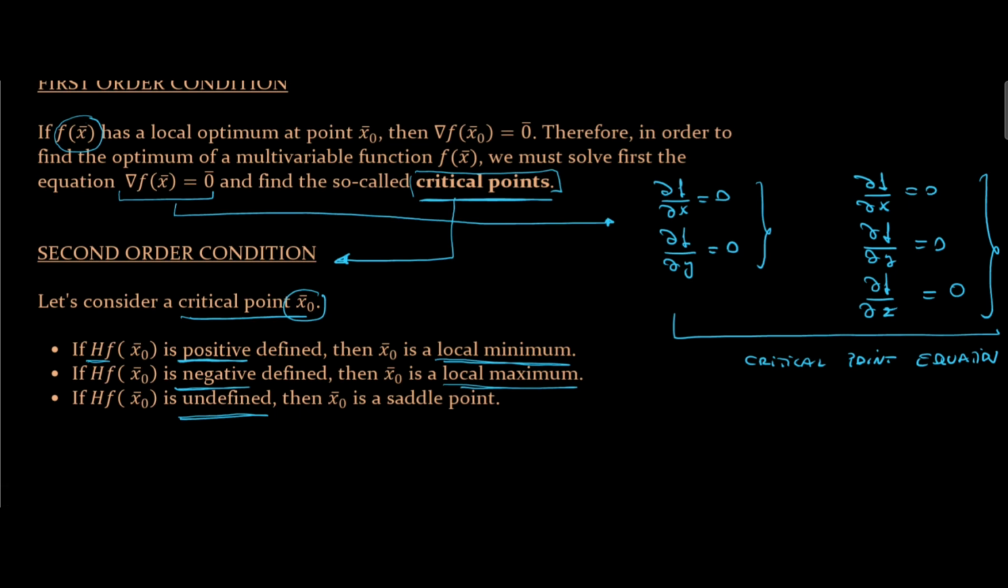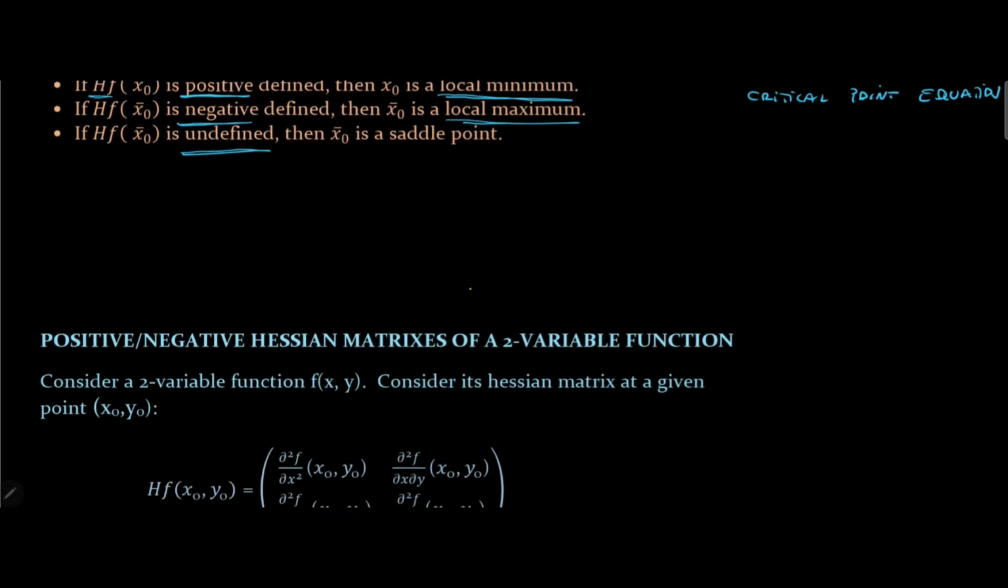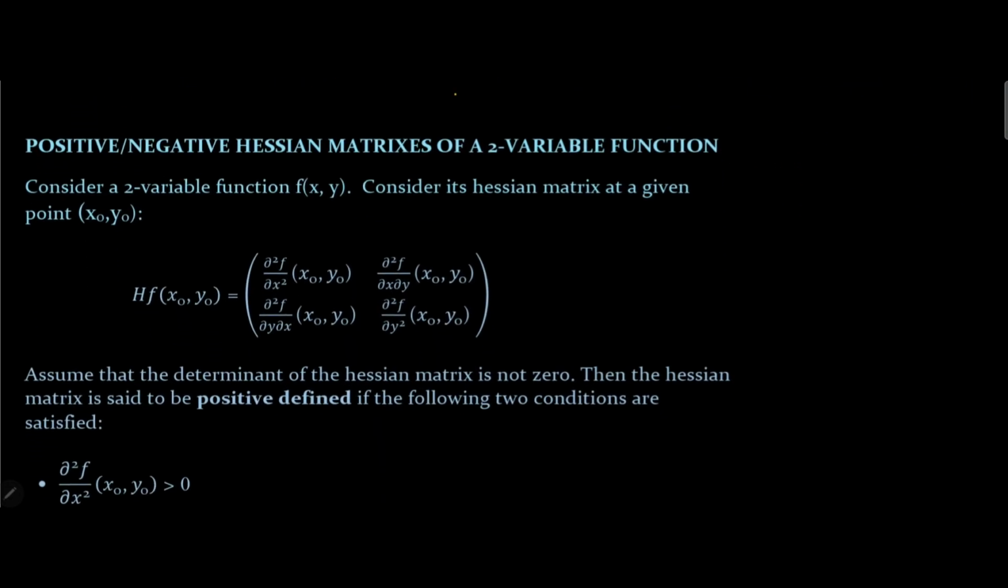So, but what does this positive or negative Hessian matrix mean? We have the following definition. When is a Hessian matrix either positive or negative? So we can classify our critical points. Let's focus on a two-variable function because we're not going to study the second order condition for a three-variable function.